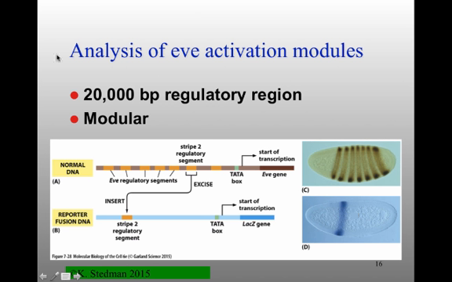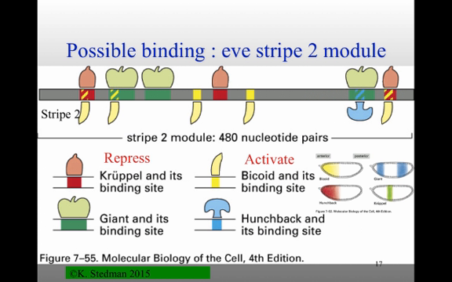Turns out that this is about a 20,000 base pair regulatory region. What's present in that regulatory region? What's present in the DNA? Well, it turns out, not surprisingly, that this piece of DNA has a bunch of potential binding sites.